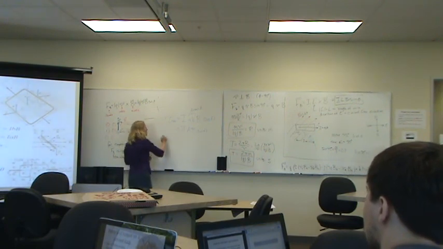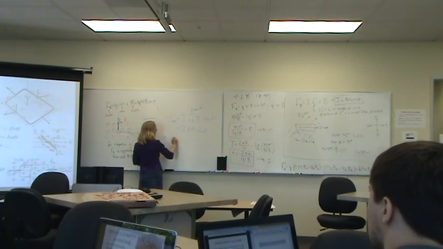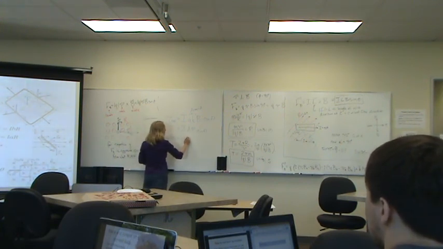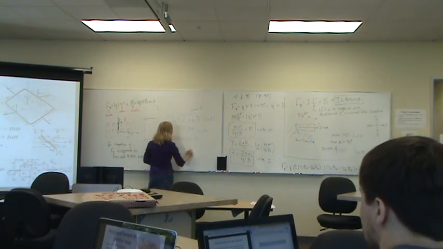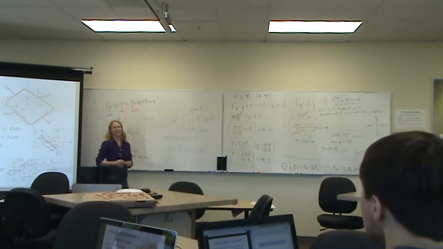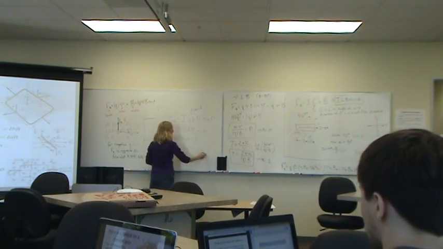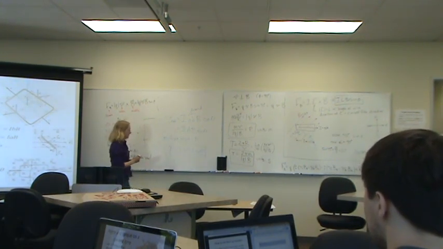Now, if you have multiple loops of wire, like the one I have as an example, then the torque just multiplies. So you'd have I, and I like to write NBA because that's easy to remember, and any equation that I can remember in my head is always nice. So I N B A sine theta.